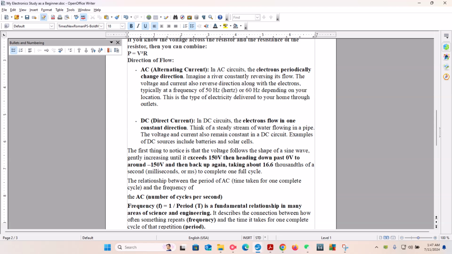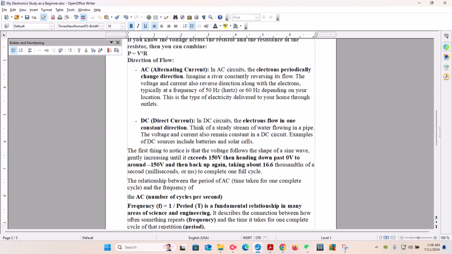It gently increases until it exceeds 150 volts, then heads down past 0 volts, around to minus 150 volts, and then back up again, taking about 16.6 thousandths of a second, otherwise known as milliseconds, or ms, to complete one full cycle.